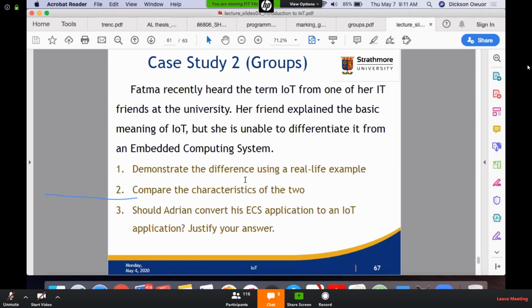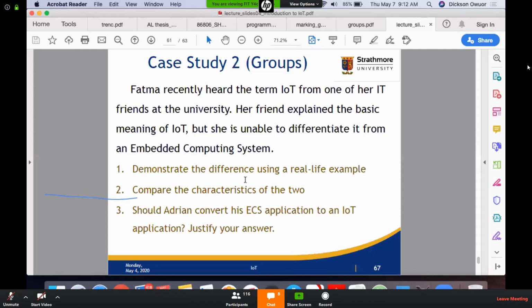So instead of it just being able to collect sensor data, you allow it now to use that data to maybe become more smart, or you actually collect that data and analyze it and maybe use it now to control something else from an analysis point of view. For an embedded system, you can think of it as able to perform a single function, but it's sort of local.